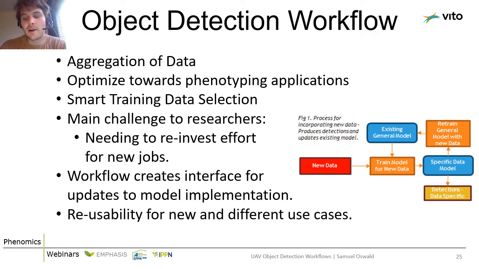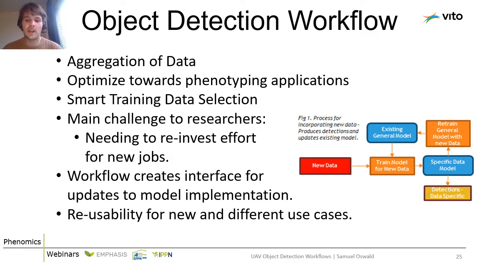And so going into more detail about our object detection workflow and how we address the need for standardization for consistent data, and for an architecture or a process that keeps the implementations up to date so that you can be assured that the model you're using is the current most suited model for the task.